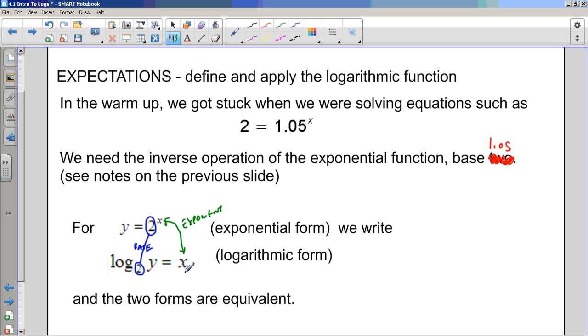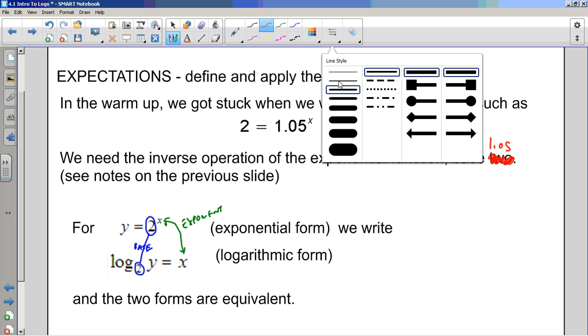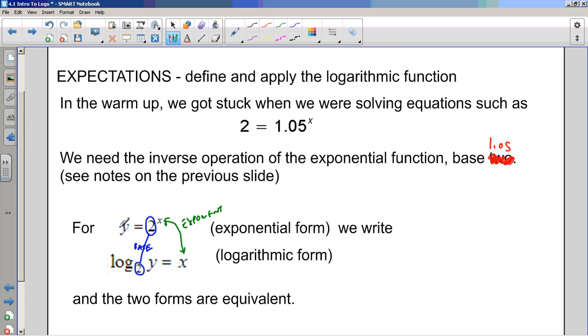A logarithm is the exponent. The logarithm is the exponent. And the last thing we're interested in is the output of the exponential form, which I call the power. It's like the big number. The big number is on the inside of the log function. This is kind of like the power.